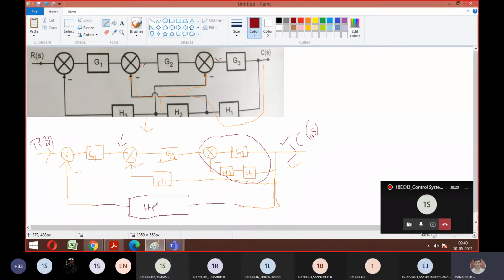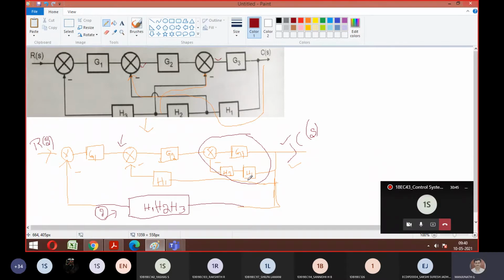So this becomes one block. Fine. This is your step number 2. So rewrite the diagram completely with this. Don't write only this much. If you want full marks, then each step has to be followed clearly, guys.